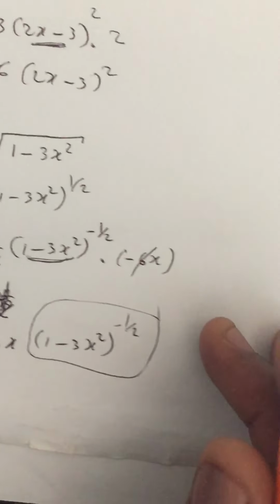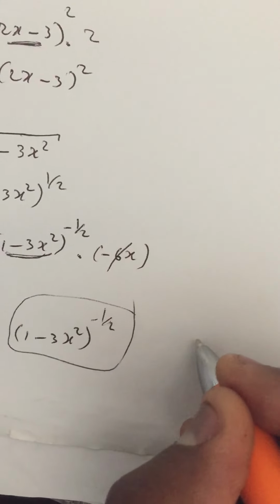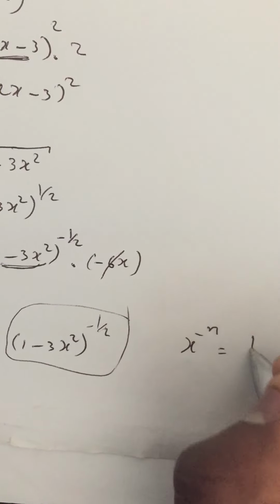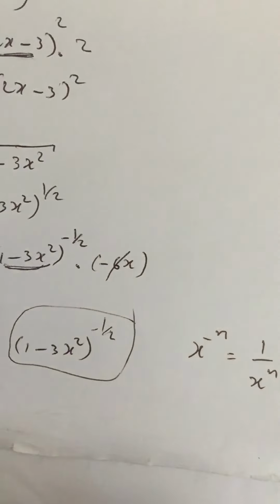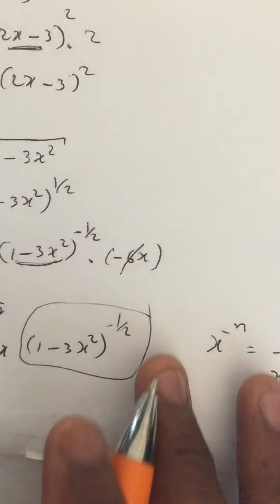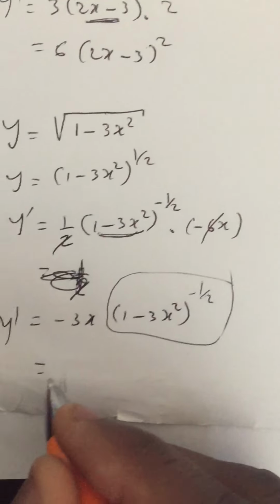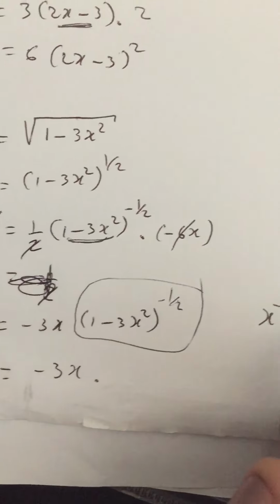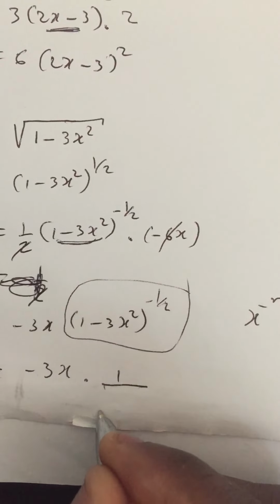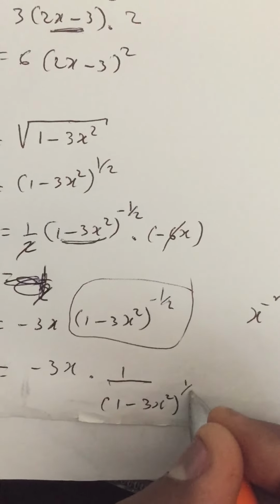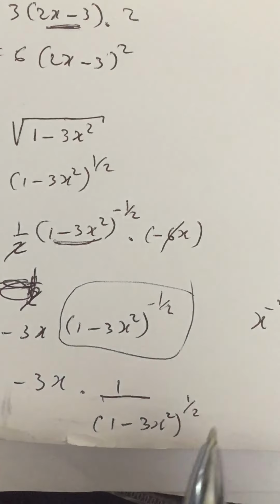But you can rewrite it in a nicer way. You know that x to the power minus n is the same as 1 over x to the power n. Here our n is half, so I have minus 3x, and it's going to give me 1 over (1 minus 3x squared) to the power half.